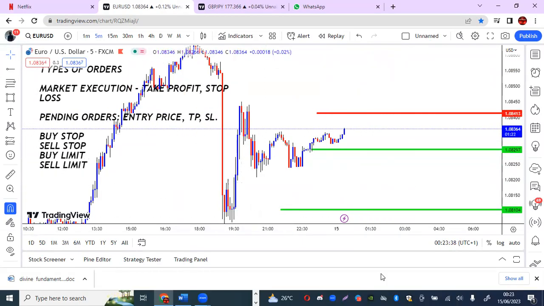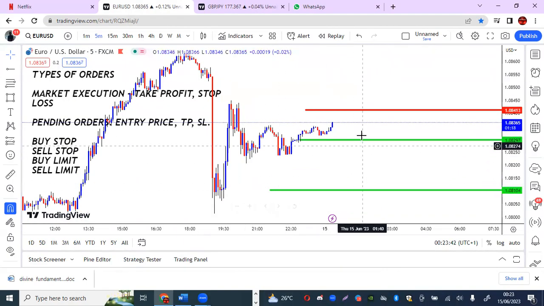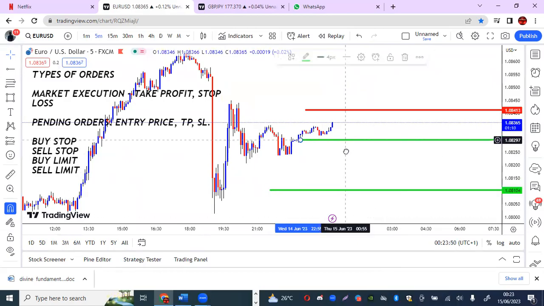Then buy limit. This is how buy limit works. I did my analysis, and I believe the market is going to come to this point.